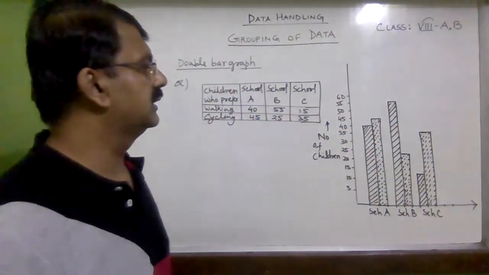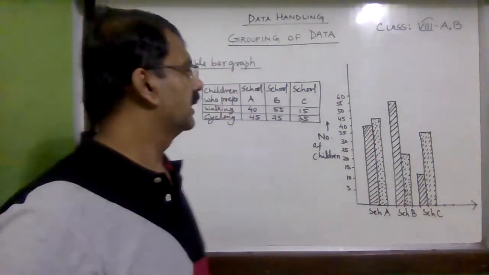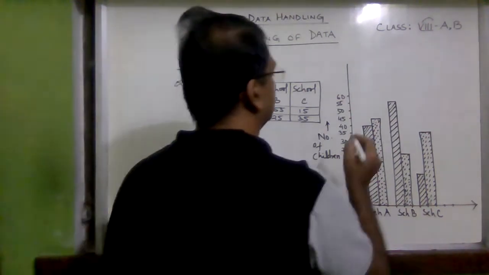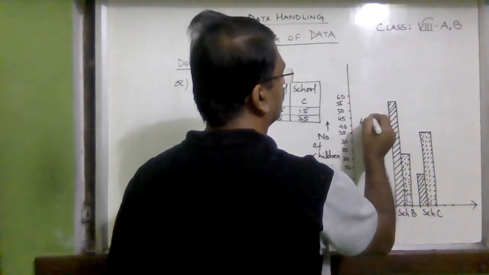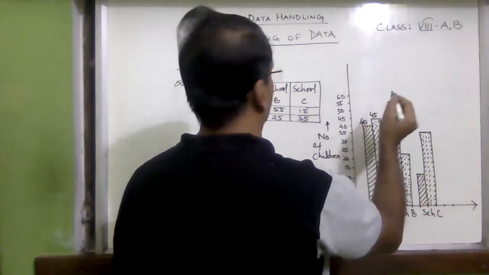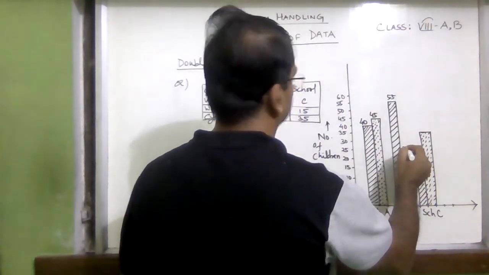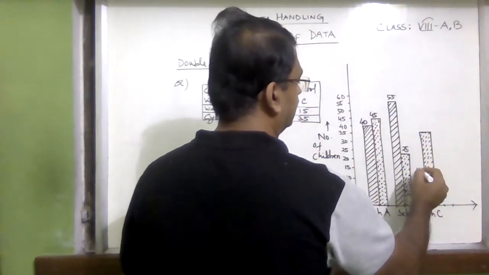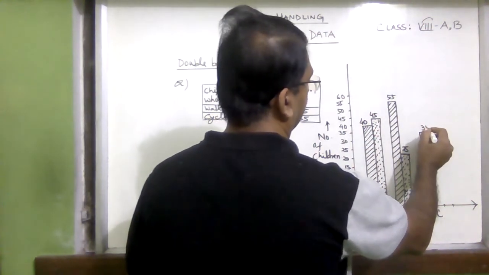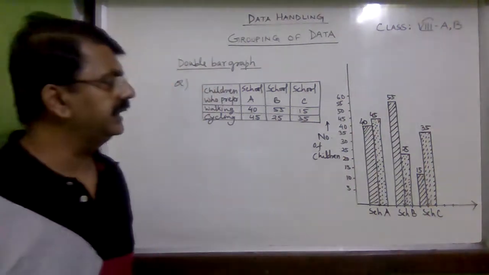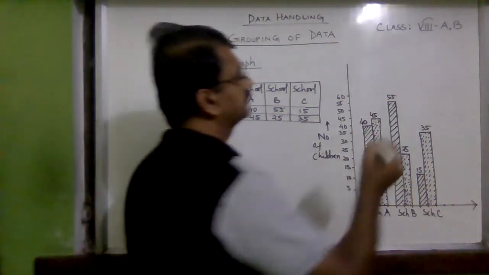Yes, you have to give it a different pattern. Now you can write down the numbers here: 40, 45, 55, 25, 15 and 35. And you have to write the scale also.